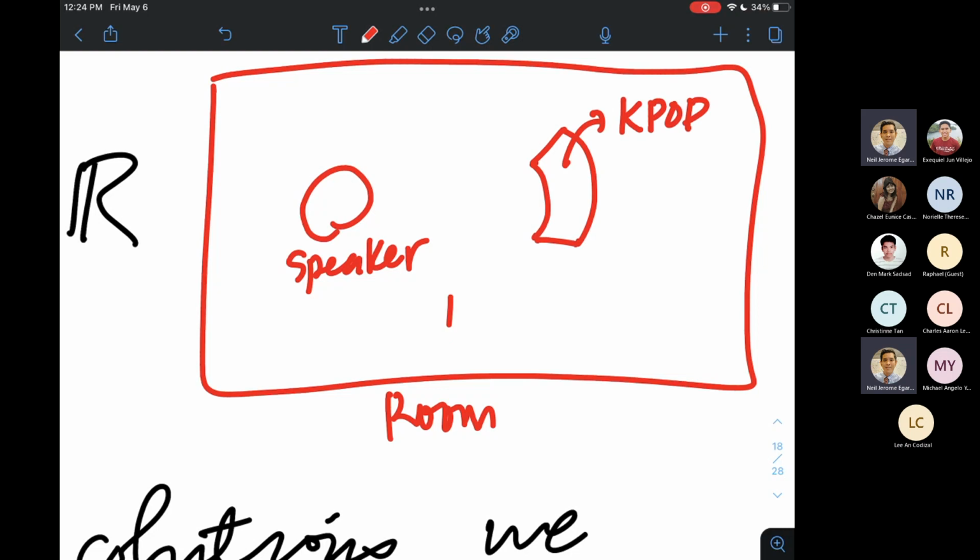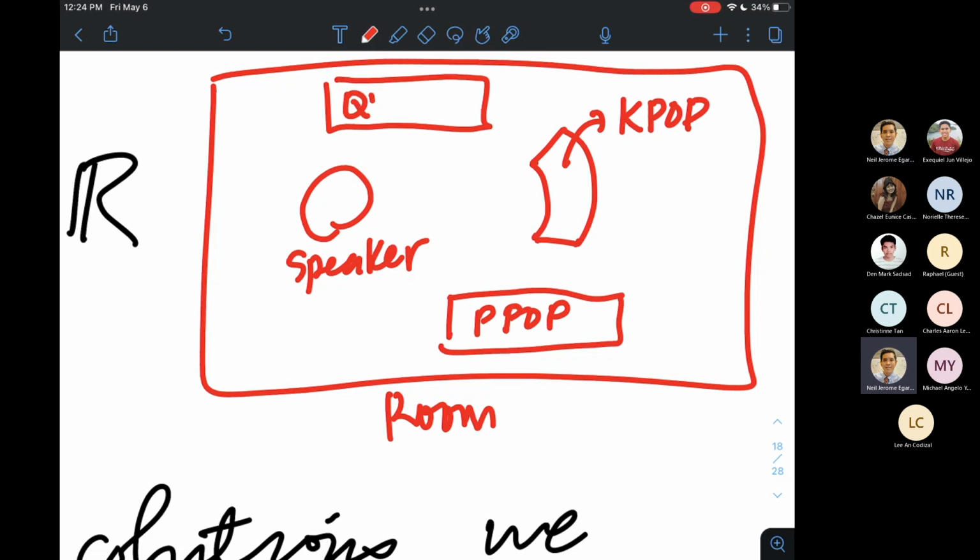Tapos dito, nagple-play yung P-pop. Tapos, halimbawa, dito, gusto ko ay quiet dito. Okay. So, ang idea ay, paano ko dapat i-design yung speaker o ano yung sound na i-blast ng speaker all throughout the room para yung mga tao dito sa region na to, P-pop yung maririnig. Yung mga tao dito, K-pop yung maririnig. Yung mga tao dito, walang maririnig at all.